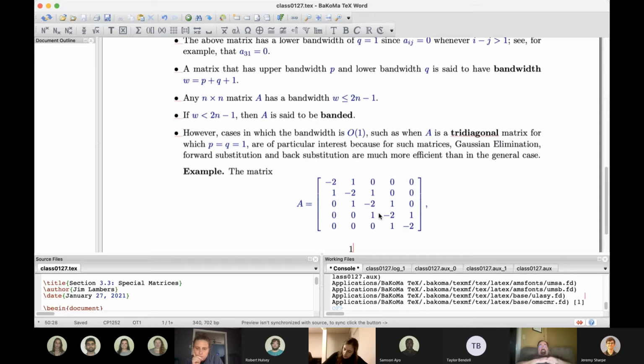So you may have seen this matrix in other classes with me, or you most likely will later, coming from numerical methods for differential equations. This matrix has -2s on the main diagonal and then 1s above and below.